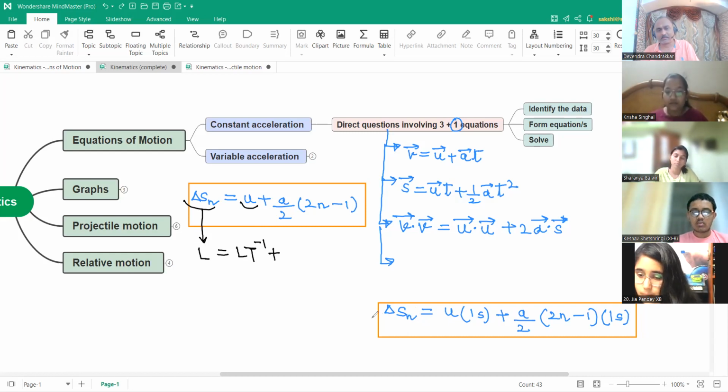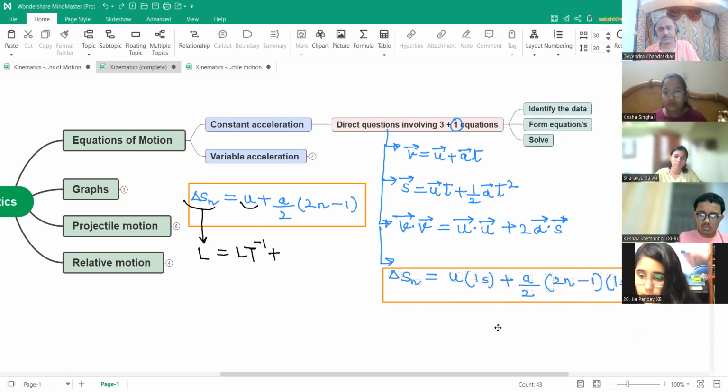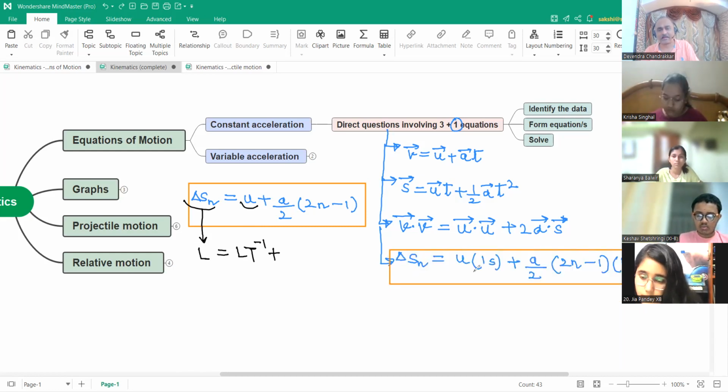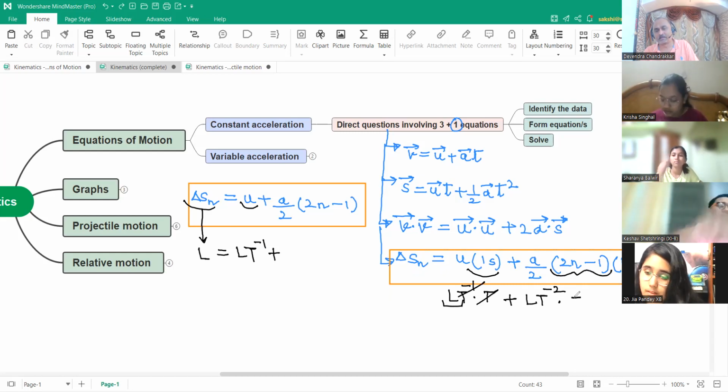So finally, the correct equation is this one, right? Here we are multiplying 1 second, and LT minus 1 multiplied by T cancels out. We get the dimension for displacement. The same thing will happen here also. LT minus 2 is the dimension for acceleration. 2n minus 1 is T, and 1 second is T again, right?